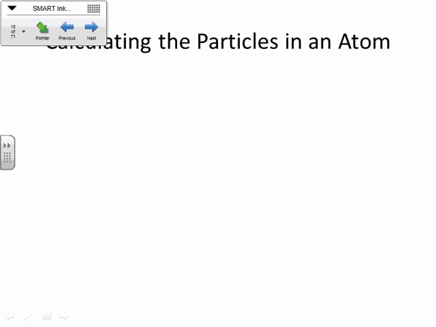And isotopes are different versions of an element. What's different about two isotopes of an element? For example, if I say I've got carbon 12 versus carbon 14, those are two different isotopes of carbon. What's different about those two isotopes?